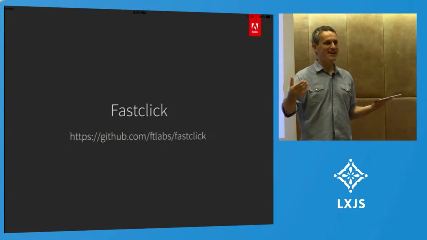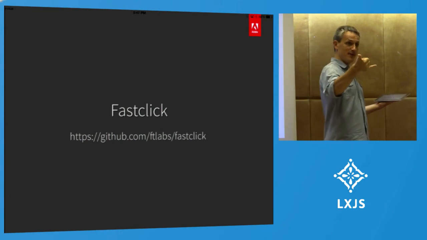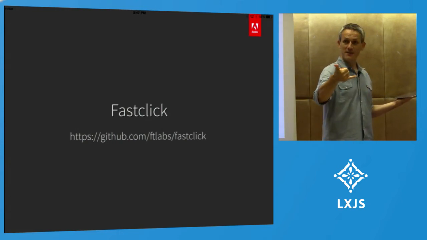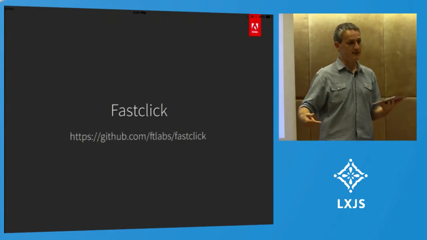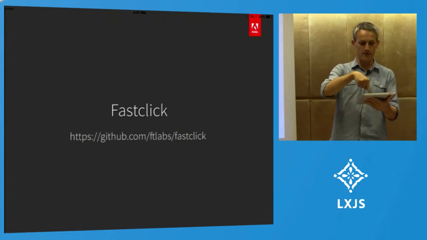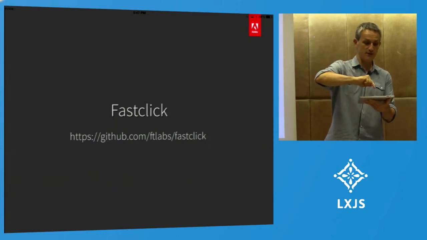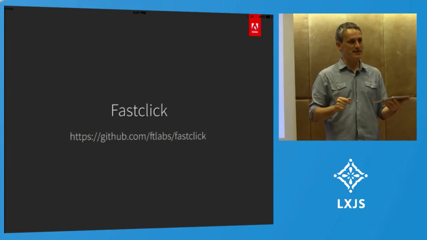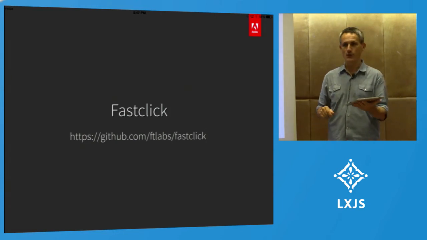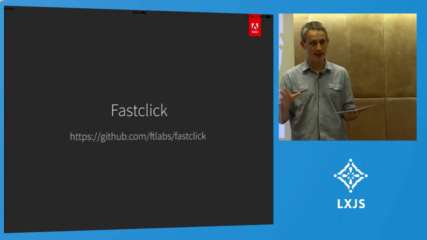And automatically, it's going to hijack your click event registration and turn them into touch event registration if touch is available. And on top of that, it's going to do the right thing, for instance, to make sure that the touch, when you select in a list, doesn't conflict with you trying to scroll. There are some edgy situations there that you need to worry about. FastClick will solve them for you.